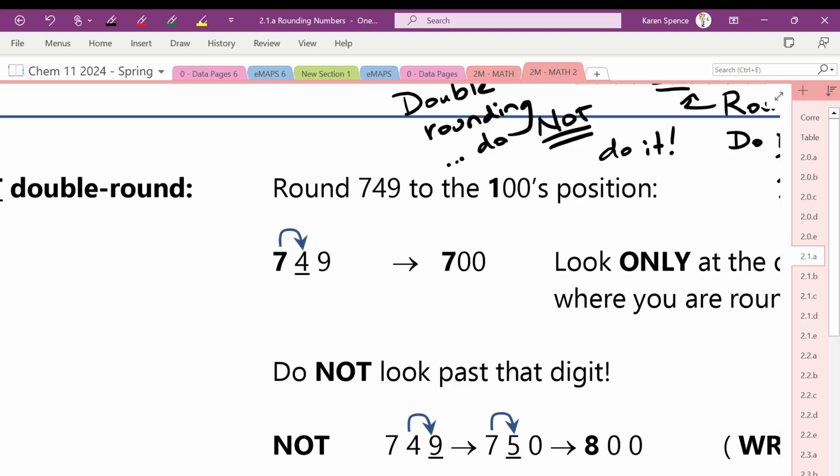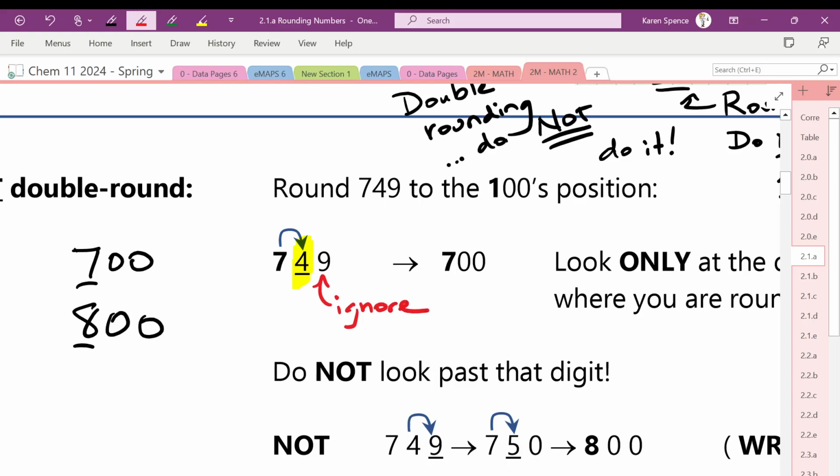So would you want to round to 700 or would you want to round to 800 if you have 749 and we're rounding to the hundreds position? 700, because the only digit we look at is the 4. We ignore the 9.